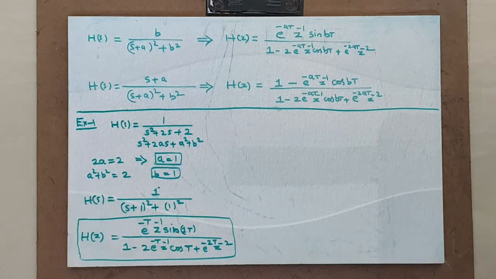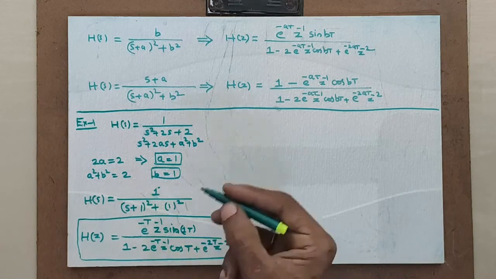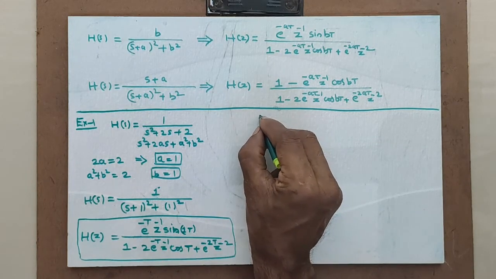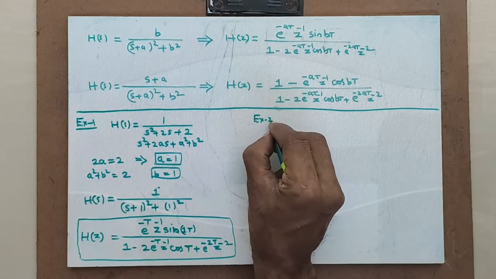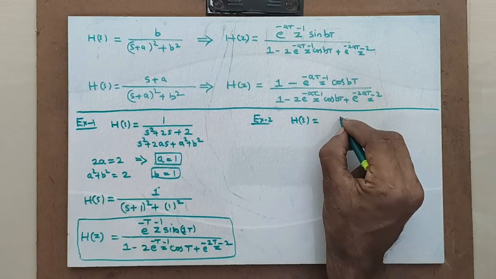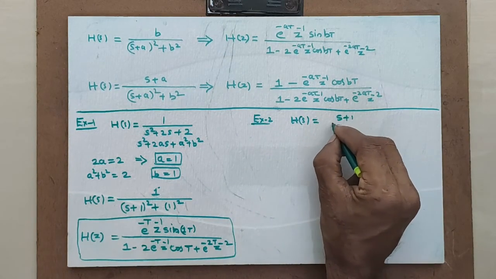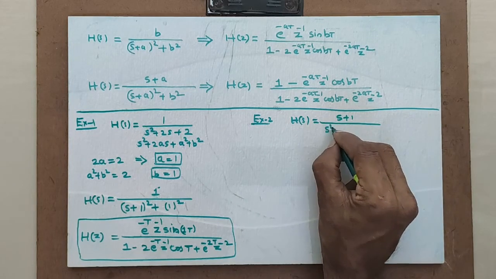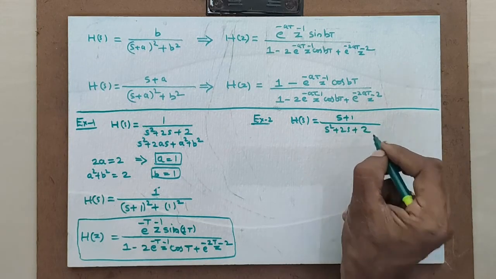I hope you understood how exactly to solve if these kinds of problems are asked. Suppose the same example is given like this, example 2, suppose I gave h of s is equal to s plus 1 divided by s square plus 2s plus 2.